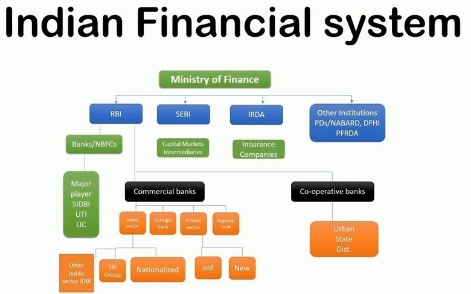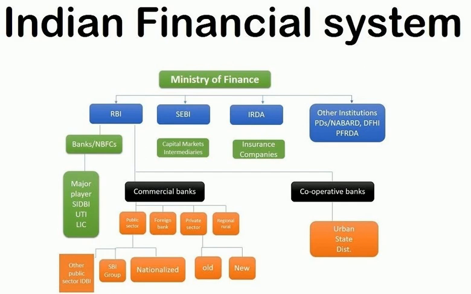Now, first, financial market. The main function of financial market is to transfer funds from lenders to borrowers. So financial market performs a crucial function to link savers or investors to borrowers.